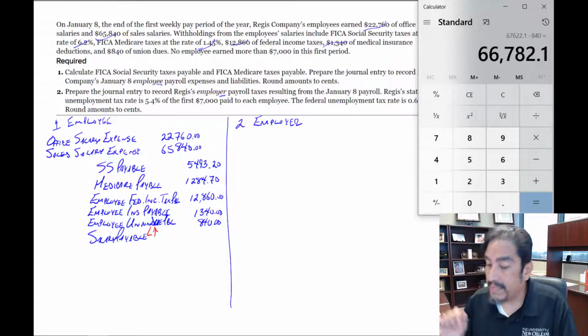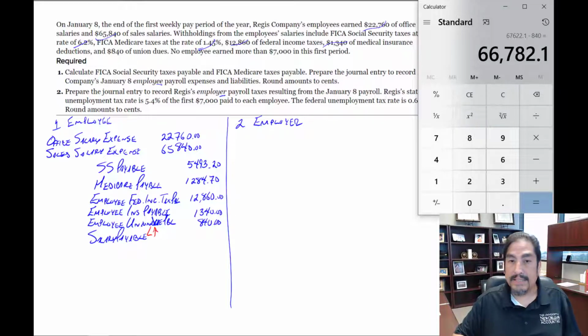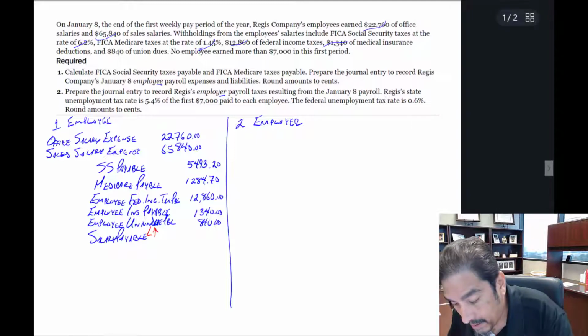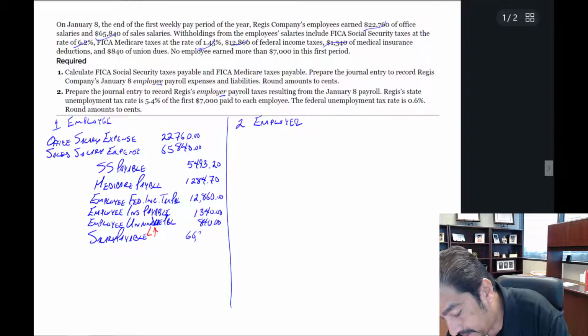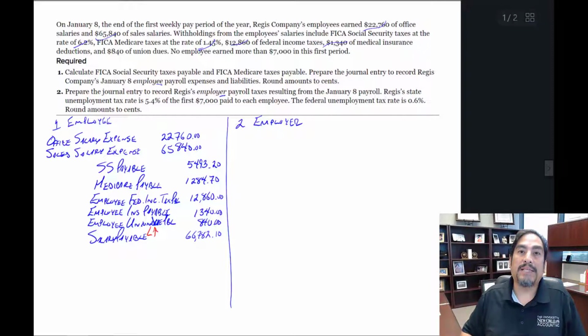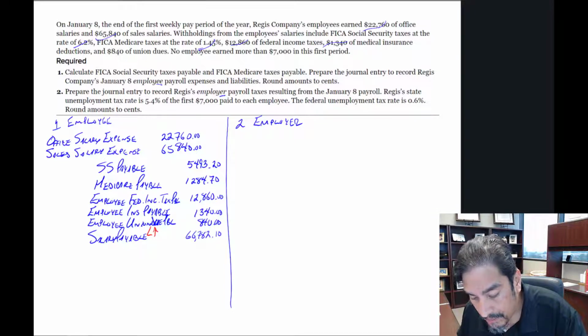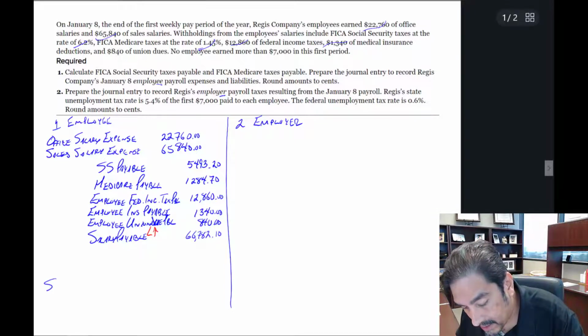So that leaves me 66,782.10. That's my salaries payable. And it didn't ask me this, but sometime later we will get rid of that salaries payable.